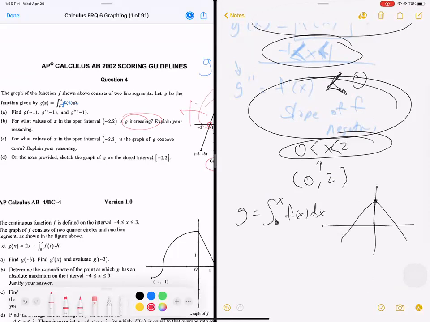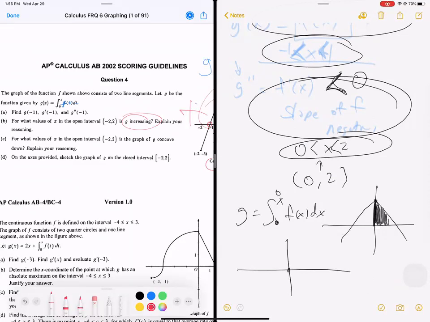At 0, what is the area at 0? Okay, when x is 0, what is the area from 0 to 0? Do we have any area at all? No, right? Remember, it's like a thin sheet of paper. And as I move to the right, do you think the area is increasing or decreasing? The area is increasing.